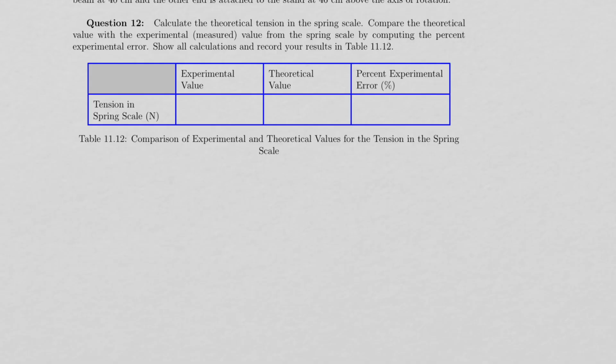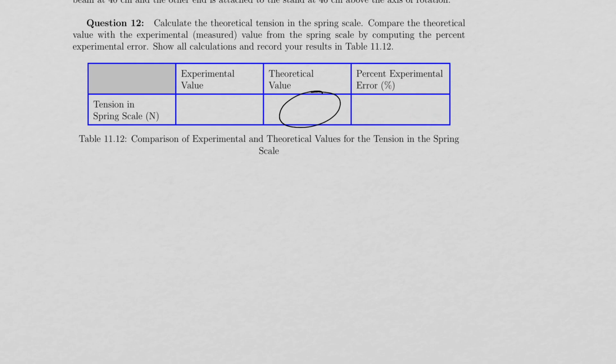This is the value you're trying to find. This is the tension in the cable, like the string. All right, that's what you're trying to calculate. So again, if you look at my Word document, I give you the experimental value. So I just read the value from the spring scale. I think it was like 8.30, something like that. Your goal is to calculate the theoretical value and then compare them by calculating the percent experimental error.